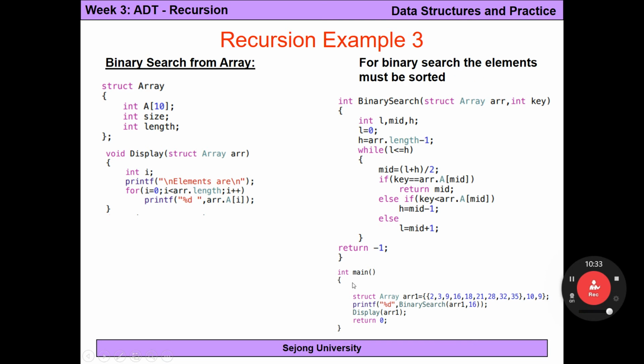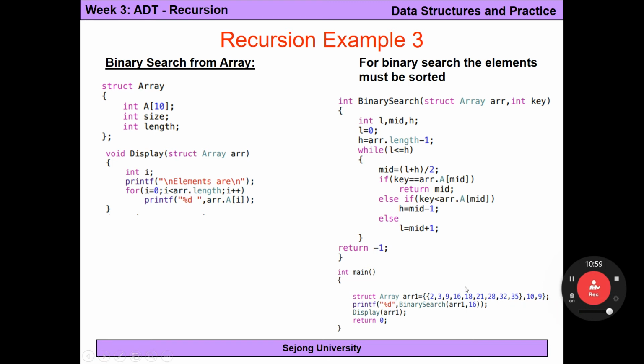So here is our main function, and this is the array on which I want to apply my binary search. I want to find any key element in these elements. For the binary search, all the elements must be sorted, so we have taken a sorted array.